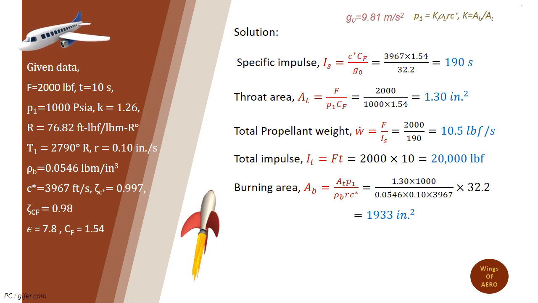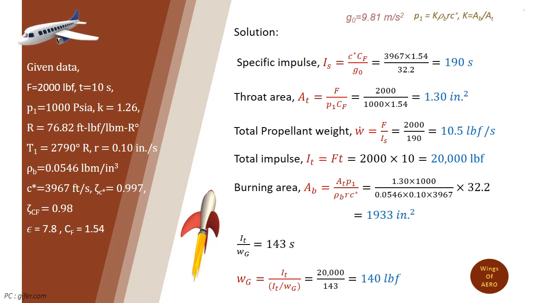From this, we can write the expression for burning area A suffix b is equal to A suffix t into P1 divided by rho suffix b into r into C star. Substitute the appropriate known values and simplify. We get the required burning area is 1933 inch square. The factor of 32.2 is needed to convert the units of the density.